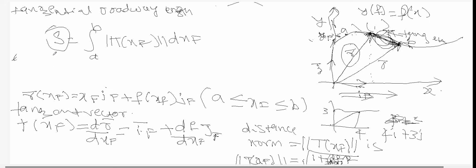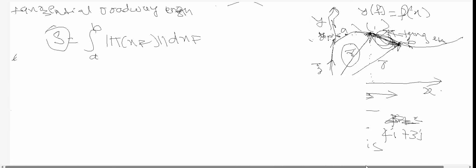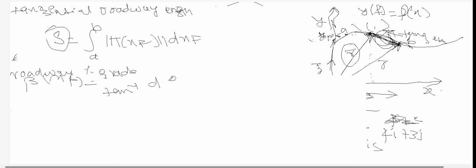Similarly, I need to express the roadway percentage grade. This is given by this equation: beta of x is equal to tan inverse of the differentiation of f of x, or y, with respect to dx.